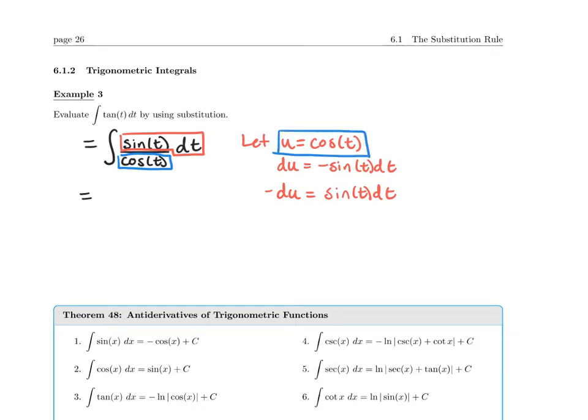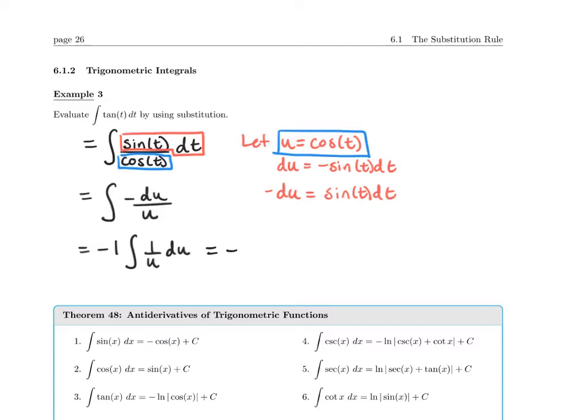So I can rewrite this as the integral of negative du over u, which I could further simplify as negative 1 times the integral of 1 over u du. Now I just need to find an antiderivative of 1 over u. That's a known function.